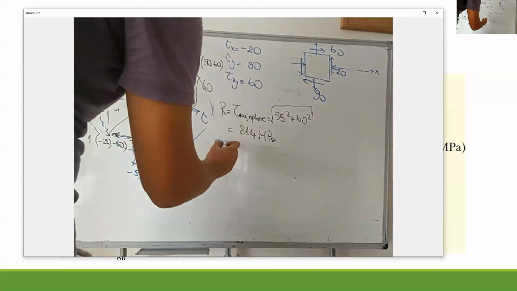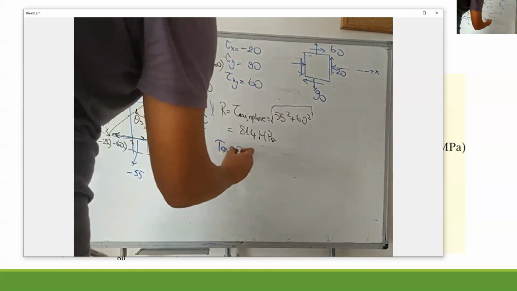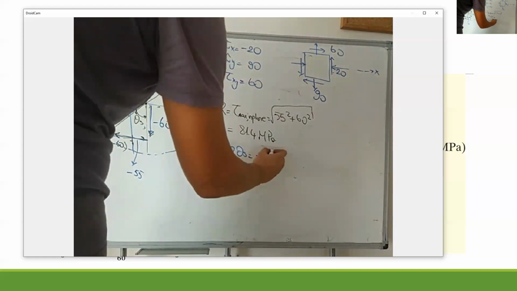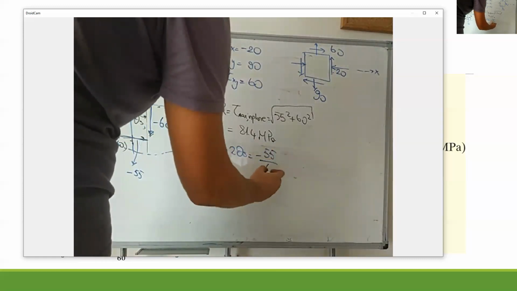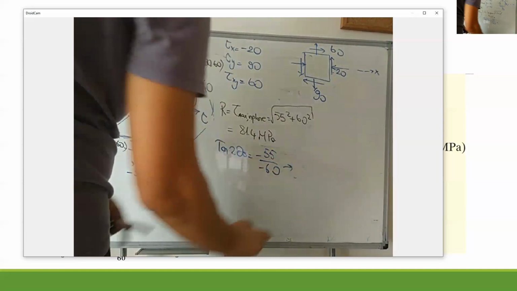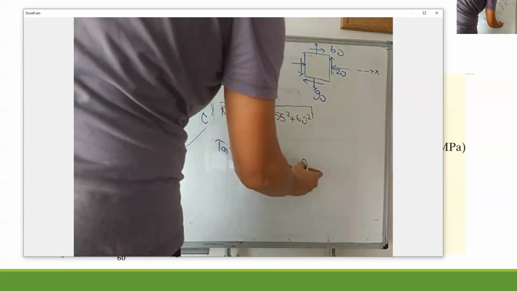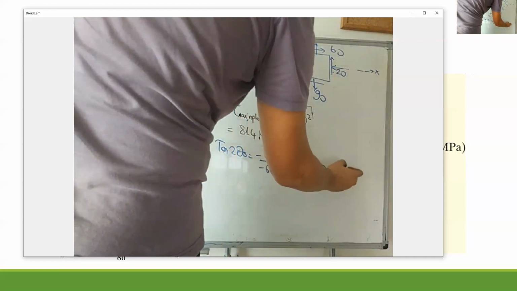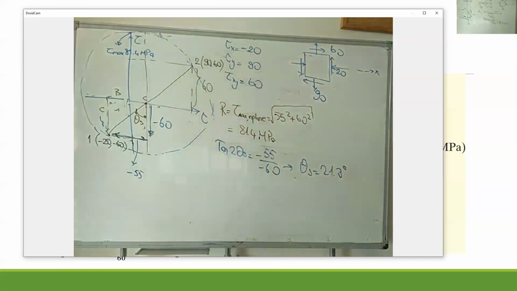So tangent 2 theta s is equal to minus 55 divided by minus 60. By using the trigonometric relationship, theta s is equal to 21.3 degrees. Okay, this is the theta s.